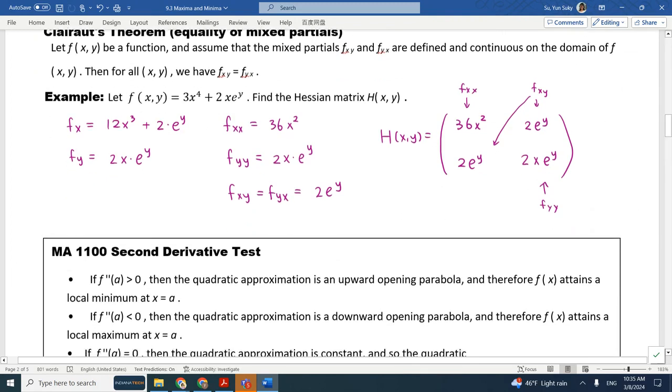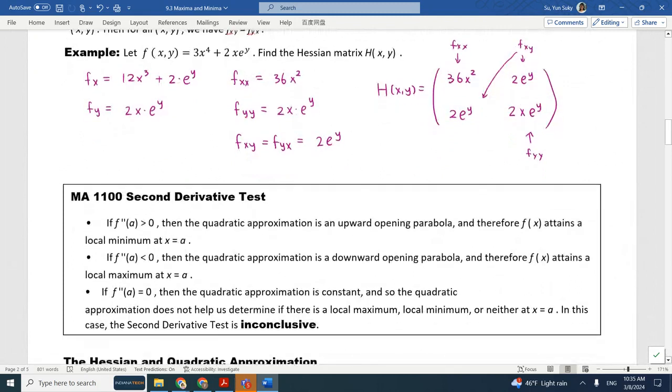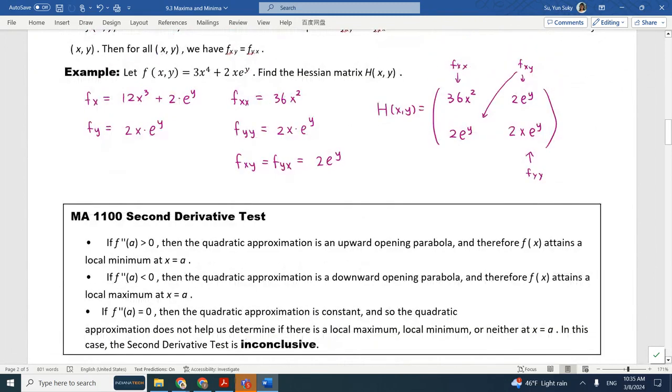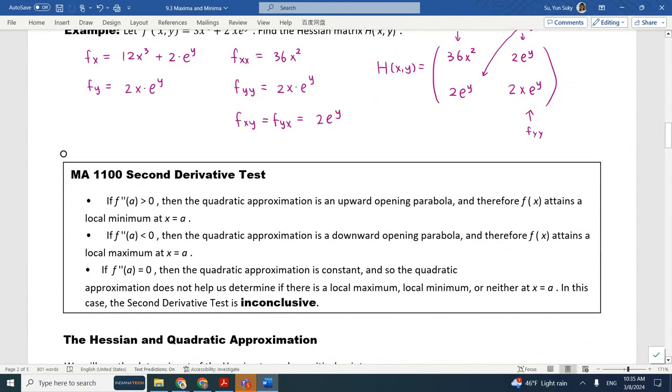Good. Now, here comes the important part. Second derivative test. This is the Calculus 1 second derivative test. Remember, the second derivative corresponds to the concavity of a function. If the second derivative is positive, concave up, then this is a local minimum, right, everybody?